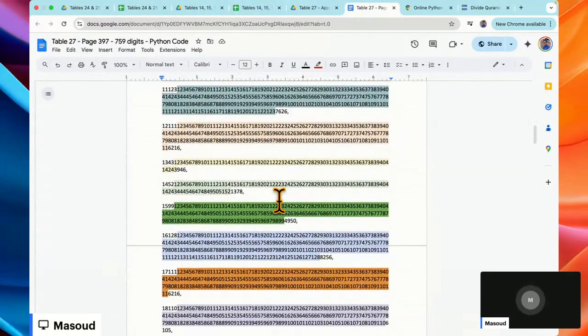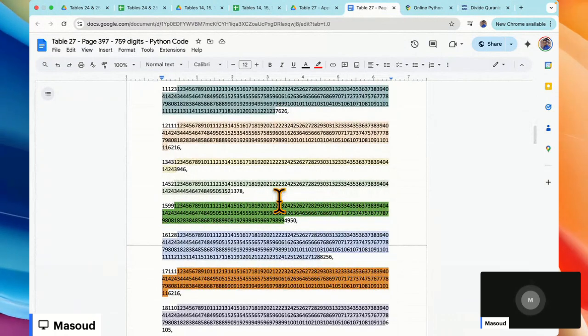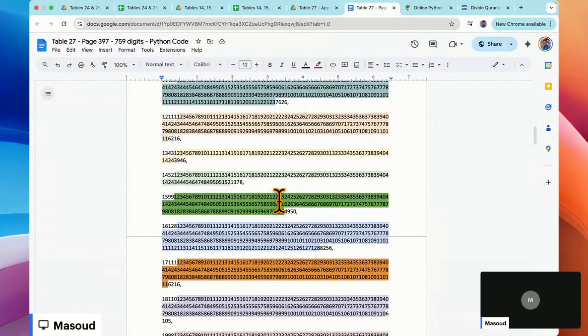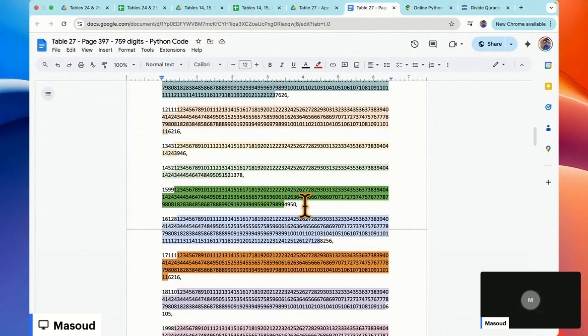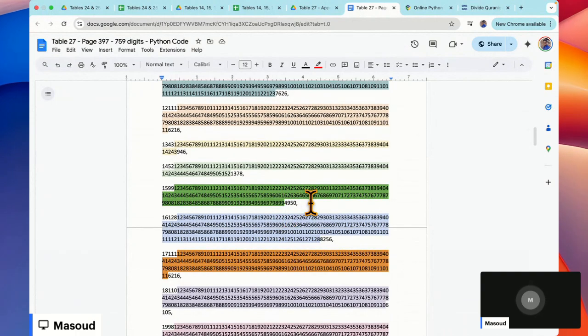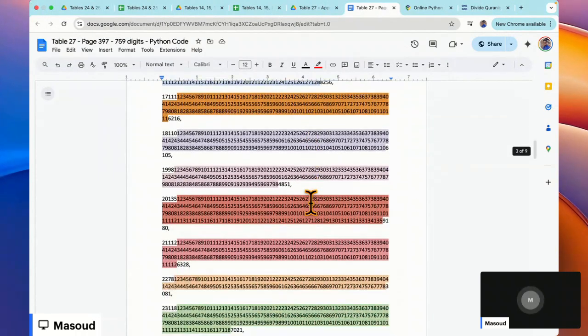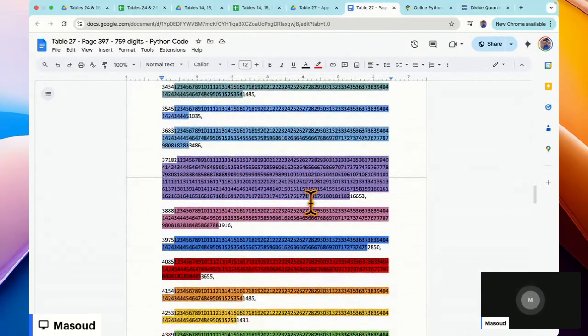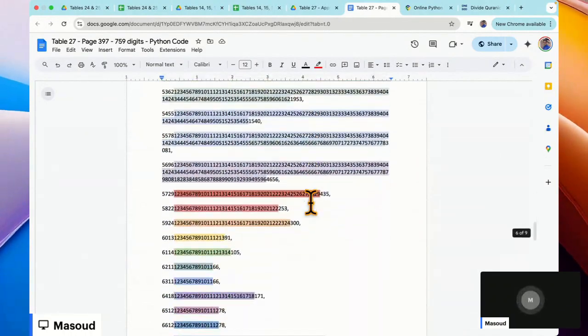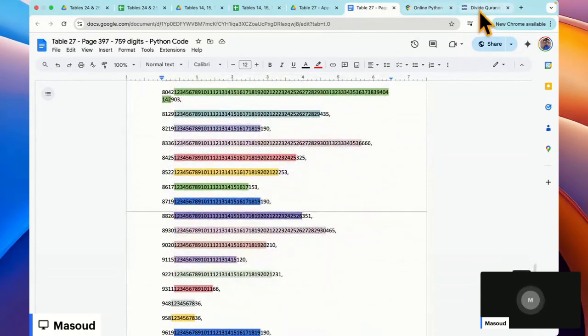The number of individual verses of each chapter, and the sum of the verses of each chapter, when you add them up, they become a giant number which is 759 digits long, and it is a multiple of 19, subhanallah.